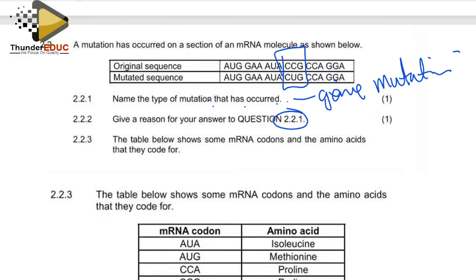Why do I say this is a gene mutation? Because the fourth triplet, base C, was replaced with U. That's what you're supposed to talk about when they ask you about this. You have to tell us which triplet changed and what changed from what to what.